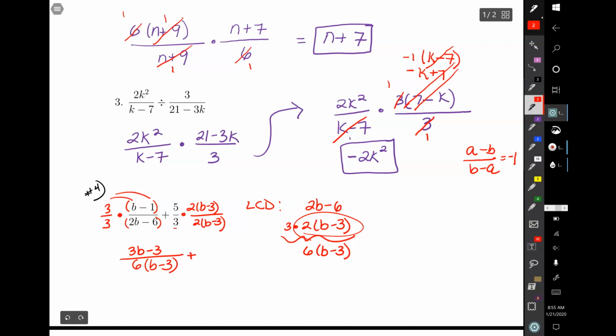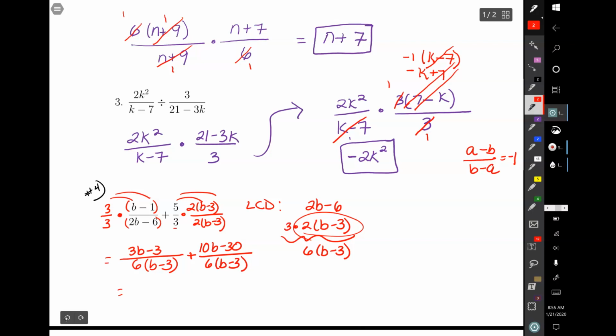And then I'm going to add on the other side. I'm going to distribute this 5 times 2 times (b minus 3). So that gives me 10b minus 30 in the numerator. And then on the bottom, I have 6 times quantity (b minus 3).